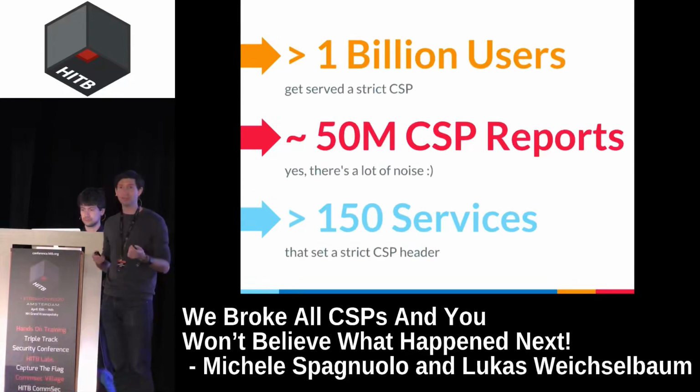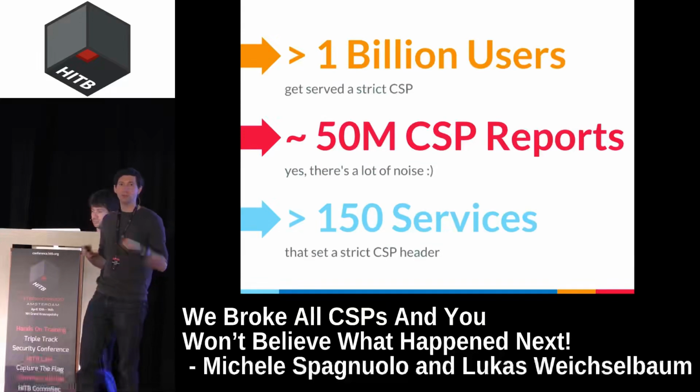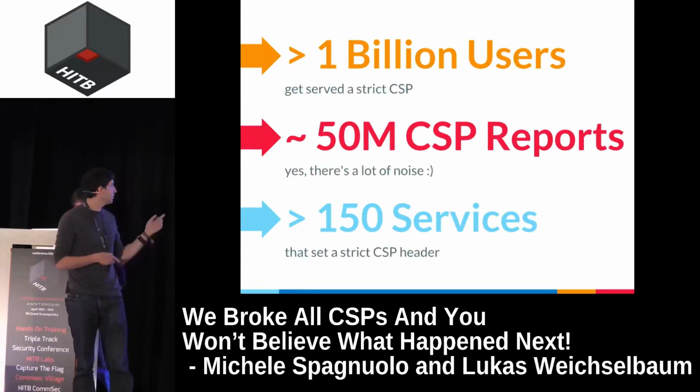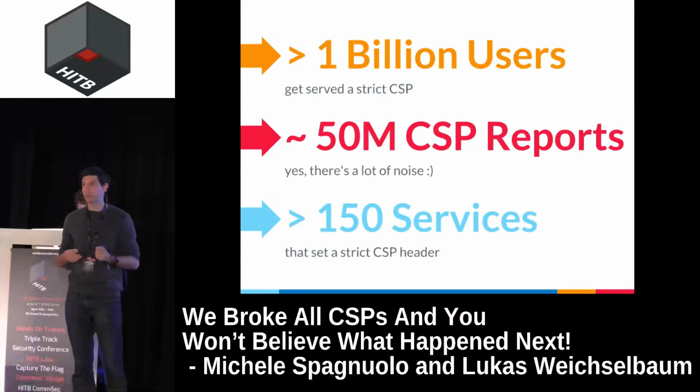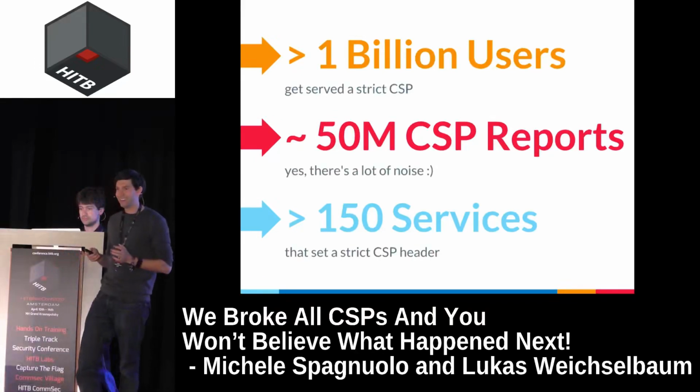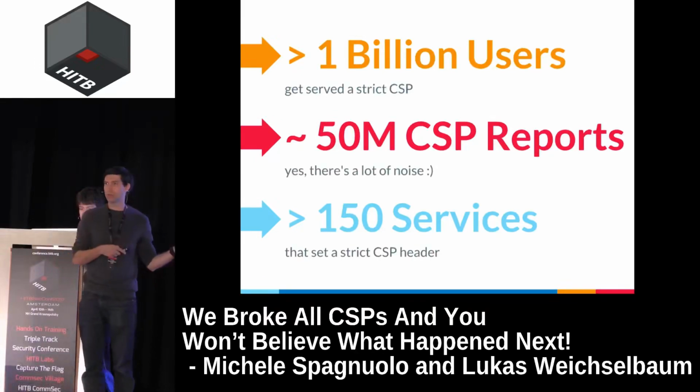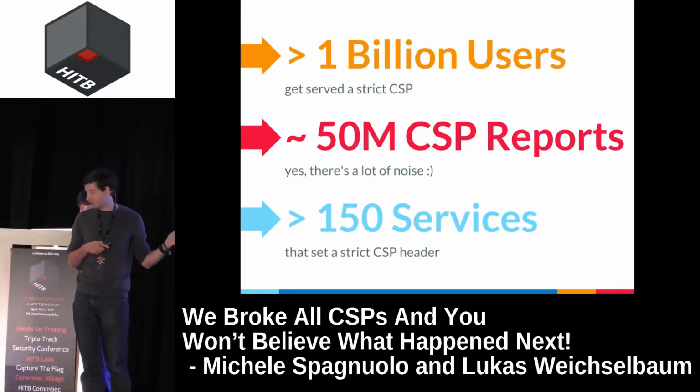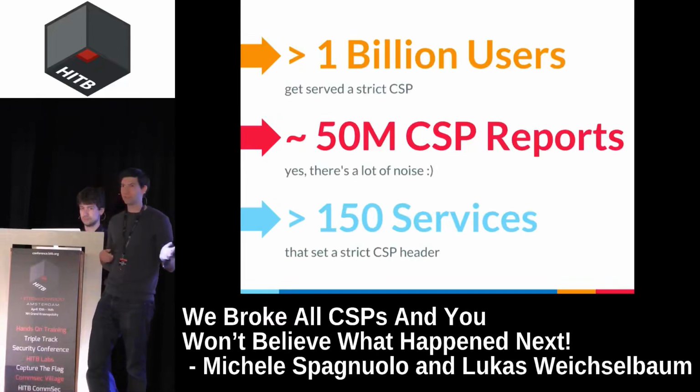And in addition to that, we're also monitoring the CSP violations which we're receiving, right? Every time the browser blocks something, it sends back a violation report to let the developer know that there might be something broken. So per day, we receive about 50 million CSP reports. It's a lot, right? So it either means all our applications are broken or that there's a lot of noise. Spoiler alert, it's all noise.